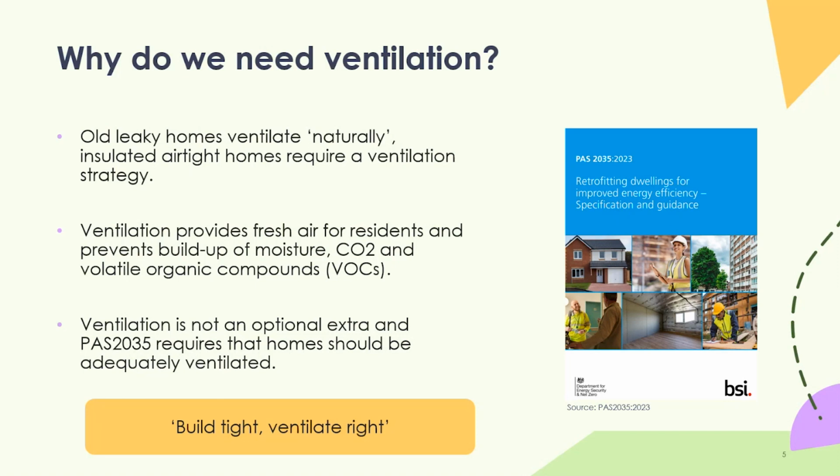Once you're improving the air tightness of those properties by putting insulation on the outside or the inside of solid wall homes, or filling the cavities of cavity wall homes, changing windows, external doors, and that kind of thing, you are reducing the gaps and holes and cracks around windows and doors and everything else, and you're improving the air tightness of that property. But in doing so, you're reducing that background ventilation.